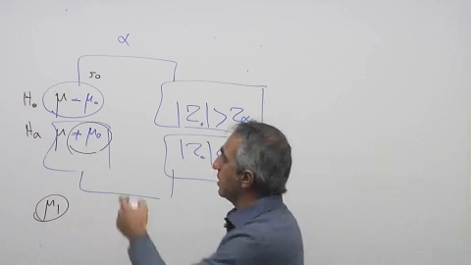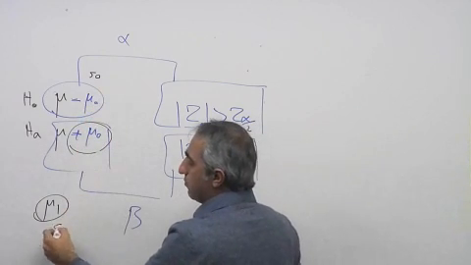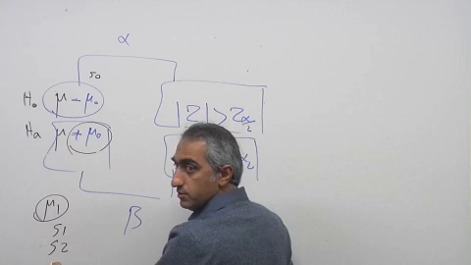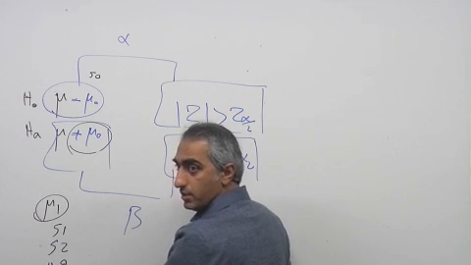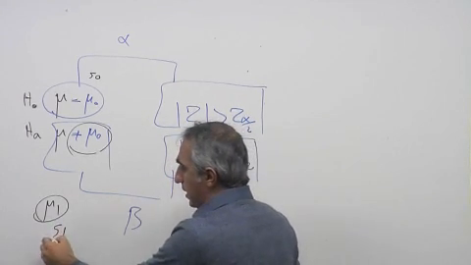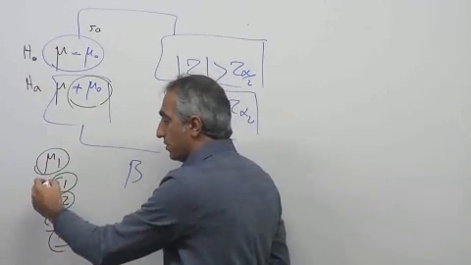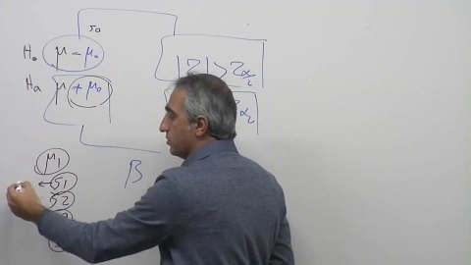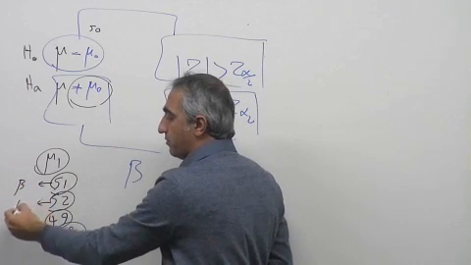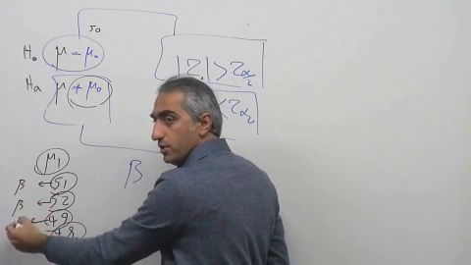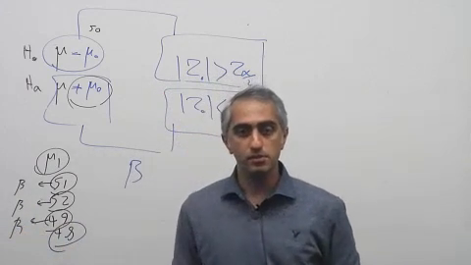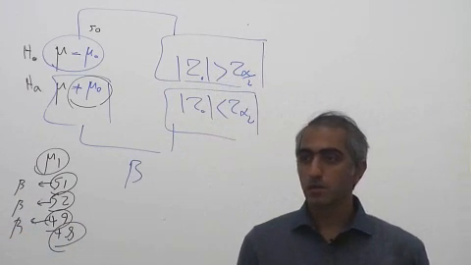For example, if mu 0 is 50, mu 1 could be 51, could be 52, could be 49, could be 48. So associated to any of these numbers, I have one beta. Based on mu 1 equal to 51, I have one beta. 52, I have another beta. 49, I have another beta. Does it make sense?